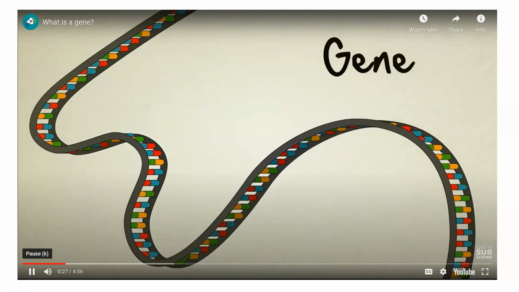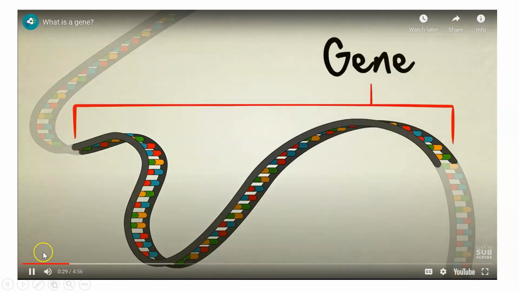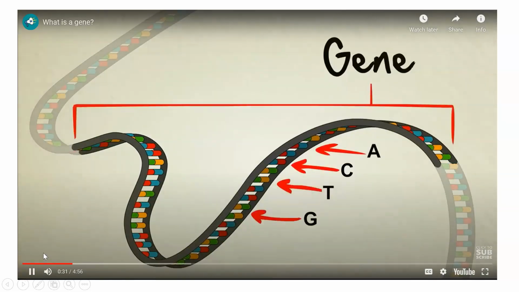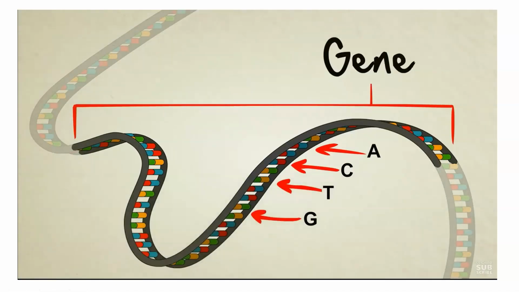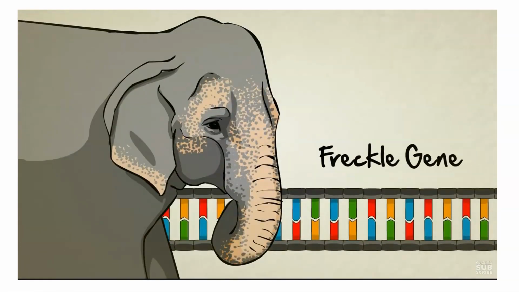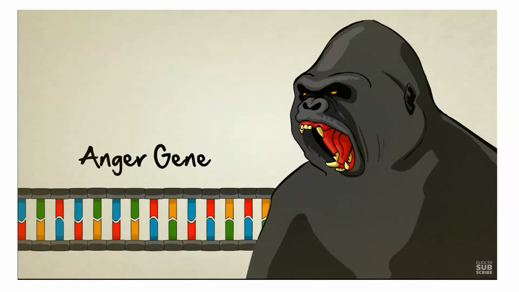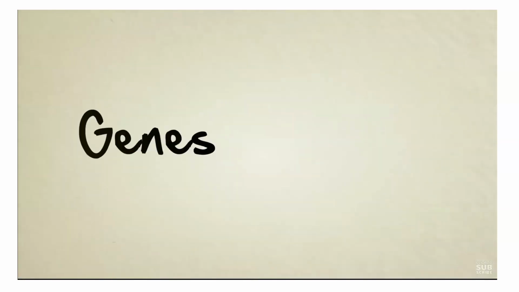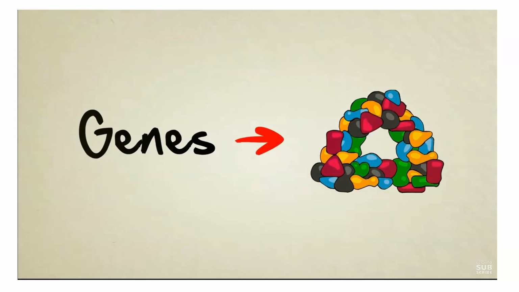A gene is a special stretch of DNA, a sequence of A's, C's, T's, and G's that code for something. A gene contains information for a cell to read and use, but what exactly does that information do? Yeah, what does it do? You might have heard that there's a blue-eyed gene, a freckle gene, possibly even an anger gene, but single genes don't literally make things like eyeballs or freckles or temper tantrums. Genes make proteins. Oh.